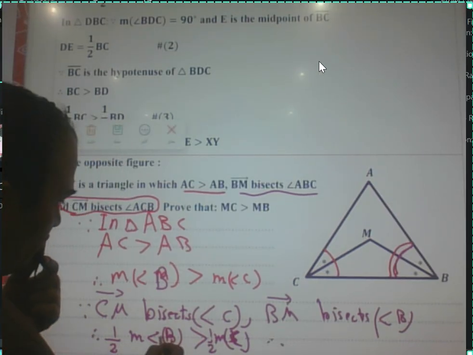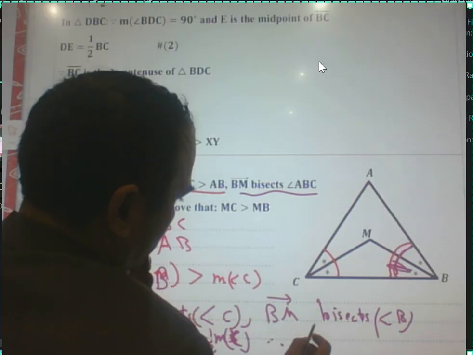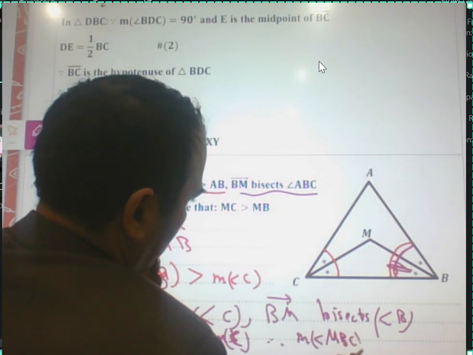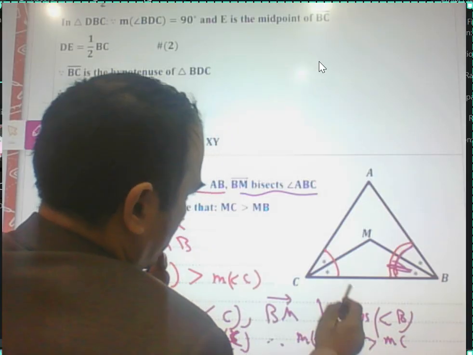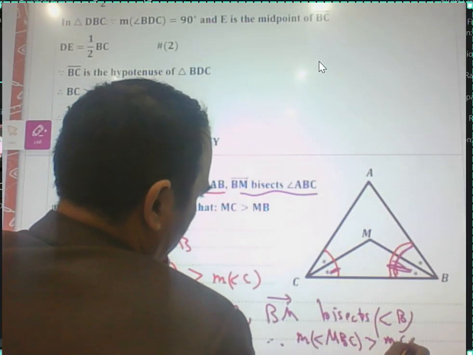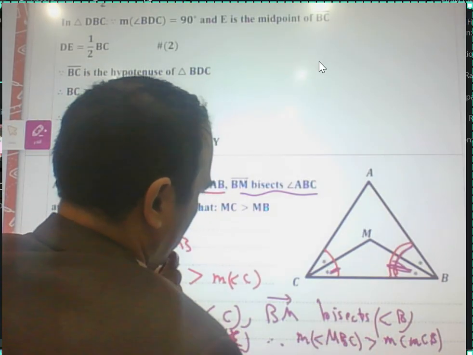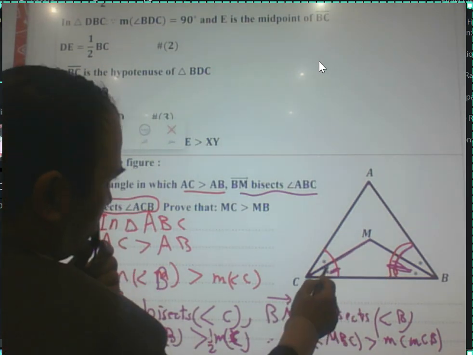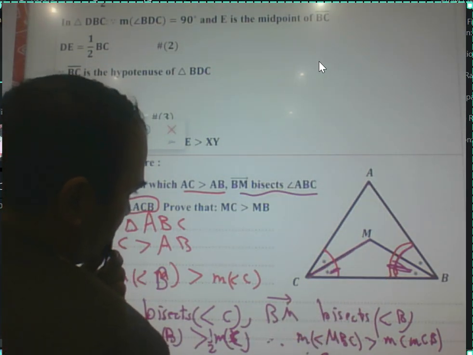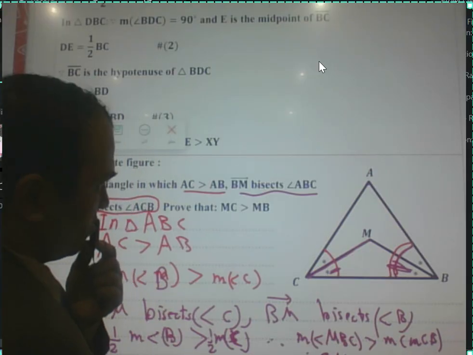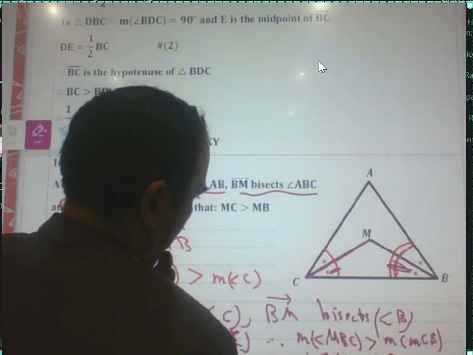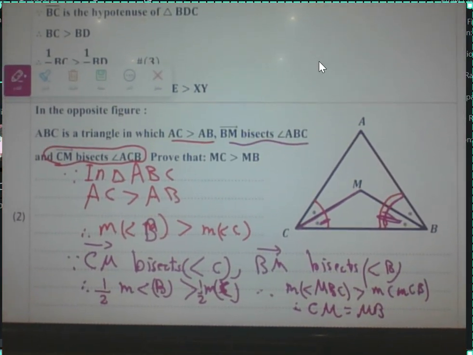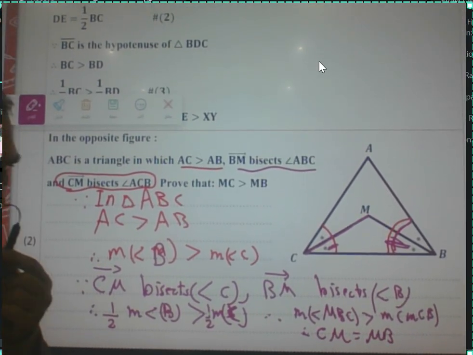Then half of angle B, take the measure of angle MBC, is greater than half of this angle, which is MCB. Then the opposite side of this angle will be CM. So the line segment CM is greater than the line segment MB. We prove that. Understood?